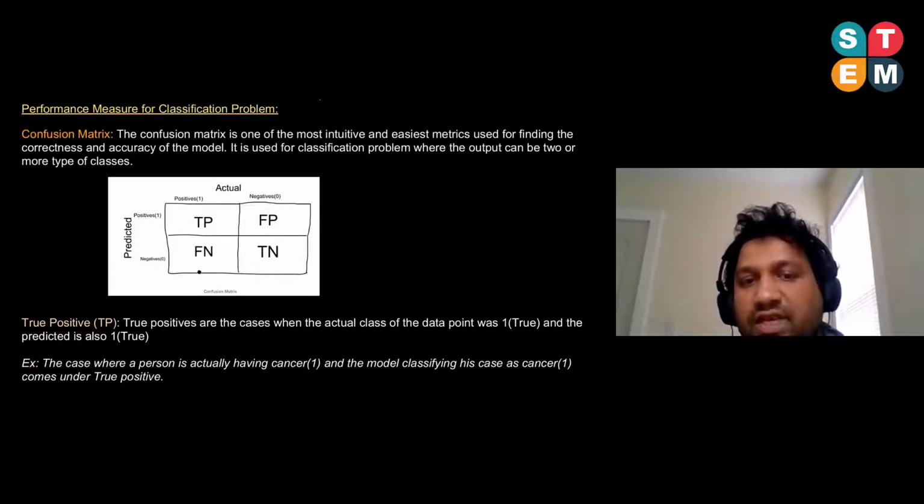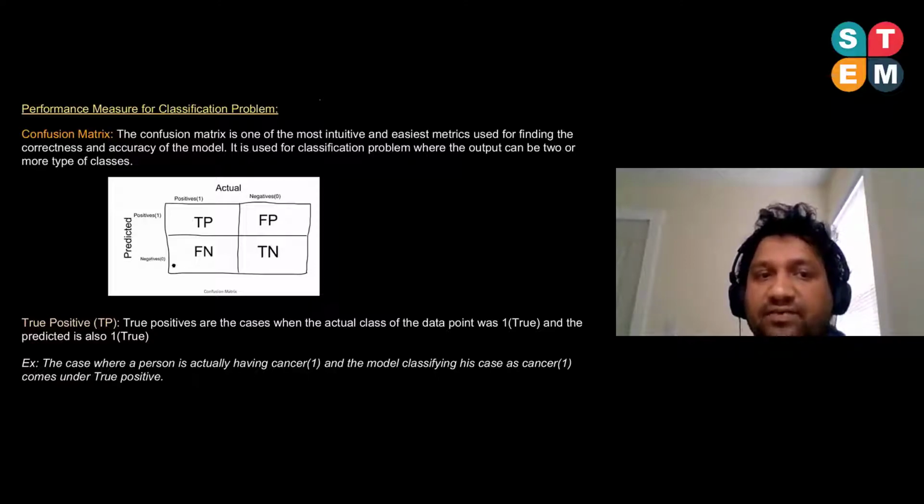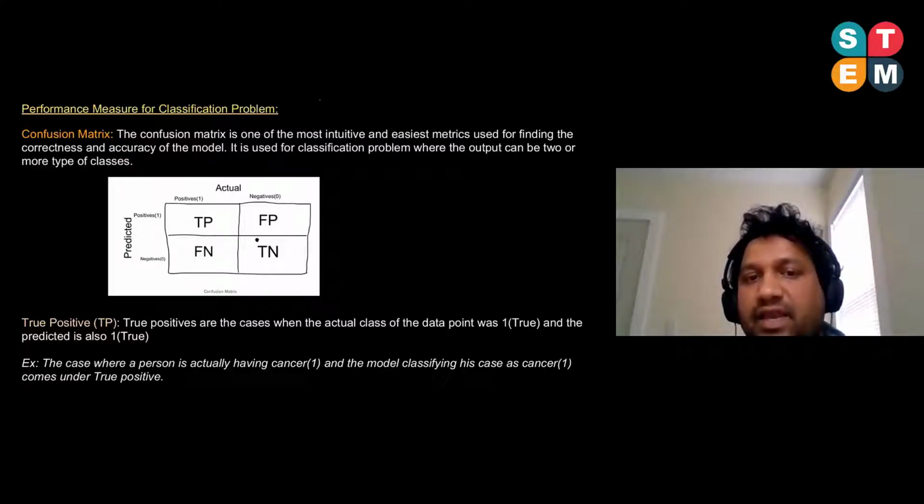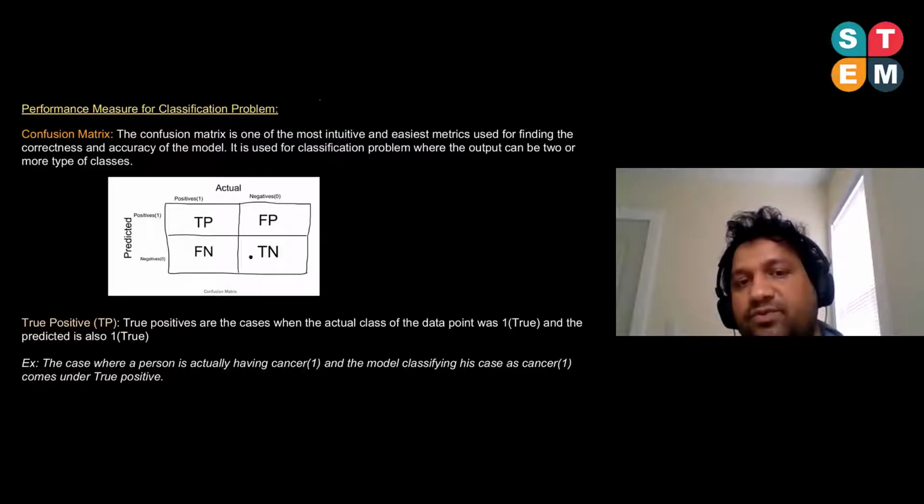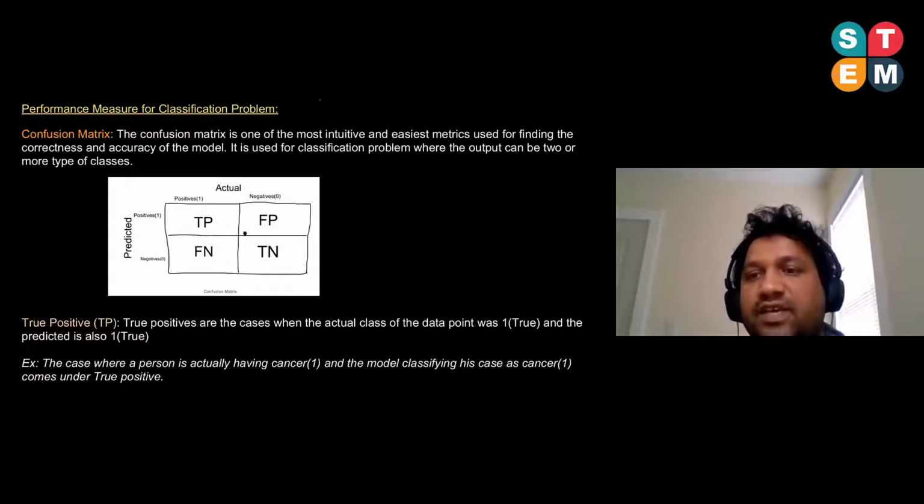Actually the data point is positive, but our model predicts negative. So this is the false negative. And again, the data point is negative, and our model predicts also negative. So this is true negative. These four quantities construct a matrix, and this is known as the confusion matrix.